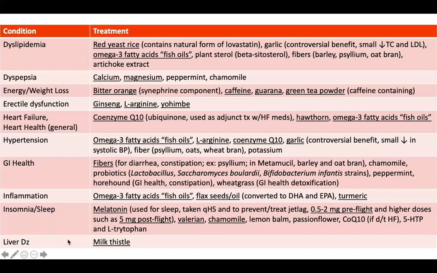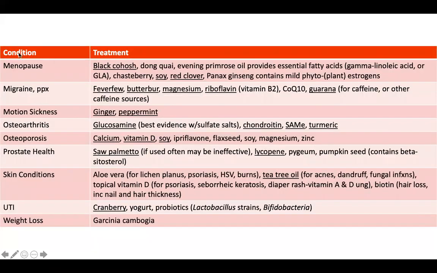Liver disease, they say milk thistle. For menopause, they list black cohosh, soy, red clover. Migraine prophylaxis, feverfew, butterbur, magnesium, riboflavin, guarana. For motion sickness, ginger and peppermint. Osteoarthritis, glucosamine, chondroitin, SAMe, and turmeric.